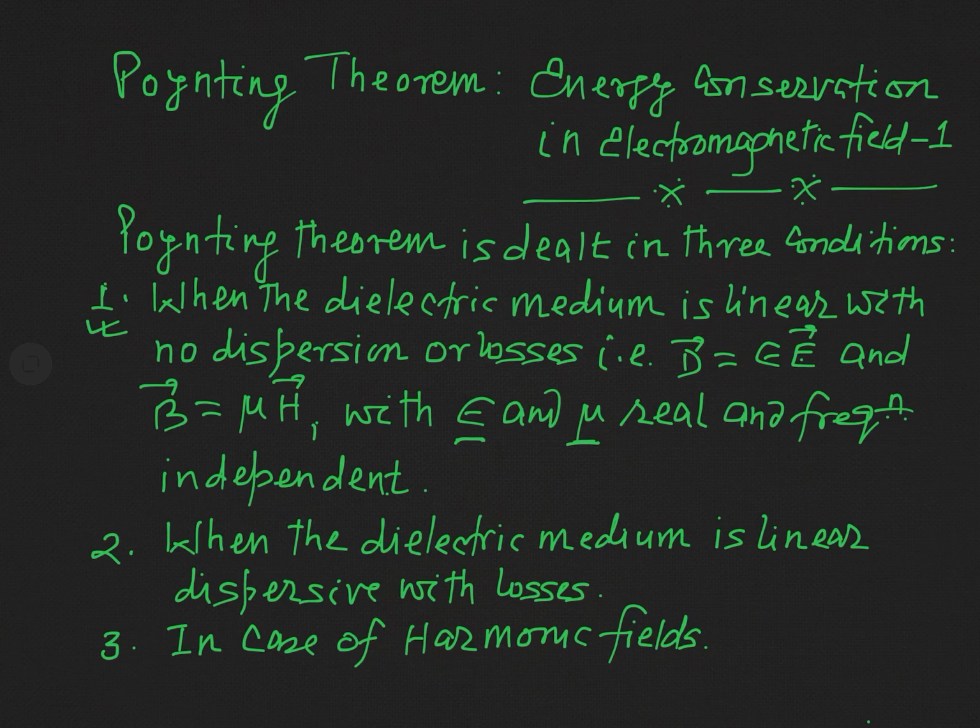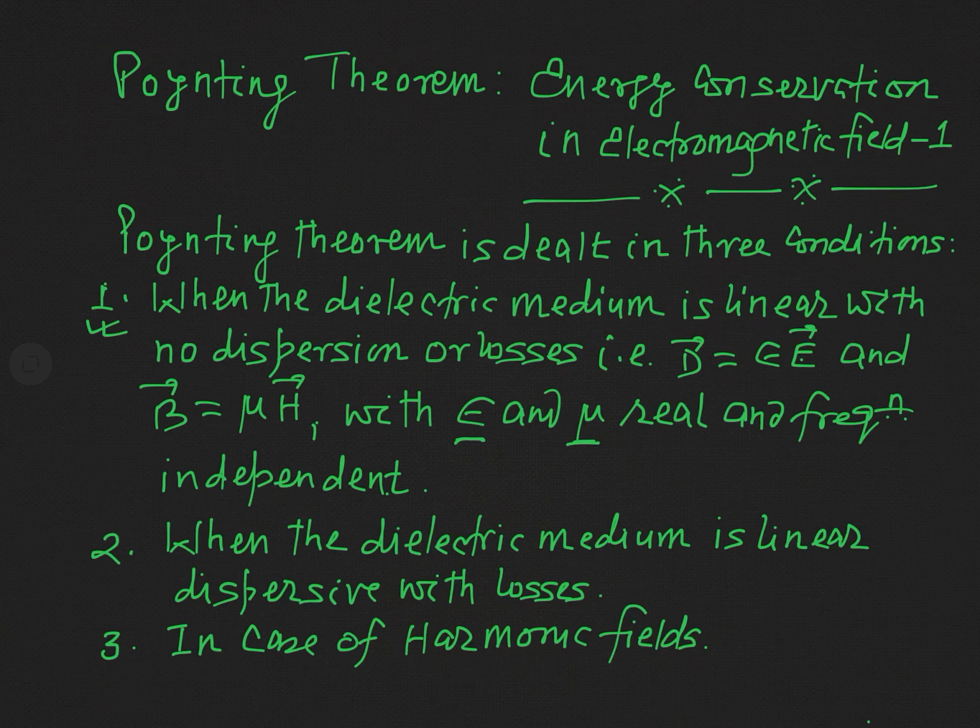The other two conditions in which Poynting Theorem is dealt is, second, when the dielectric medium is linear but dispersive with losses. So linearity condition here also holds, but we will consider that epsilon and mu are frequency dependent. And the third one is in case of harmonic fields.